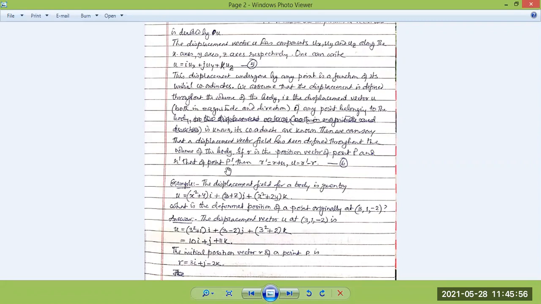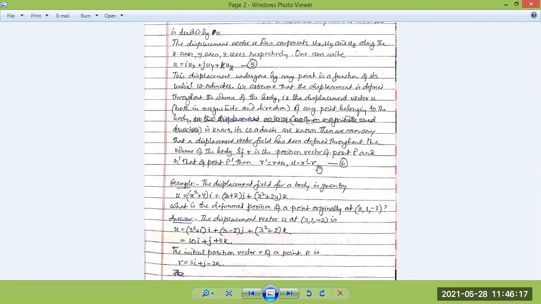Now, if R is the position vector, means the coordinates of R are known, then the coordinates of R dash, of any other point P dash, can be calculated by using the displacement vector by adding R plus U, and U is equal to R dash minus R.